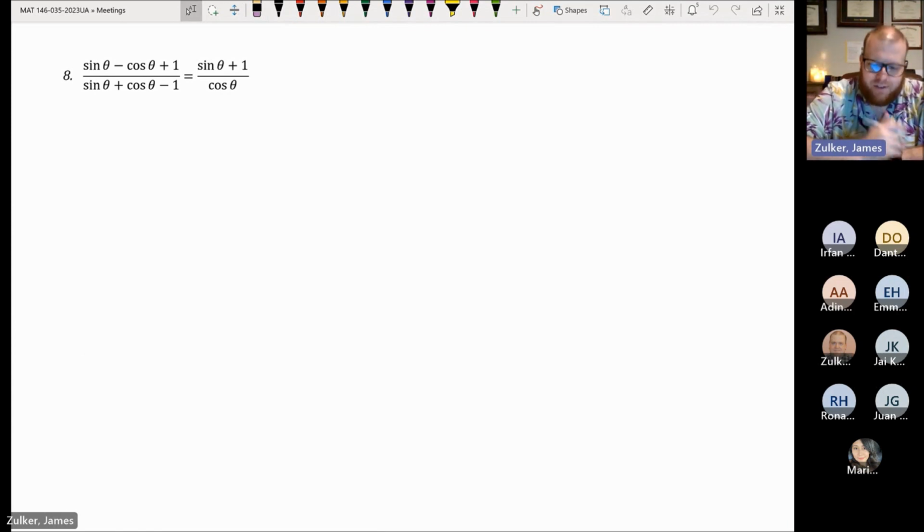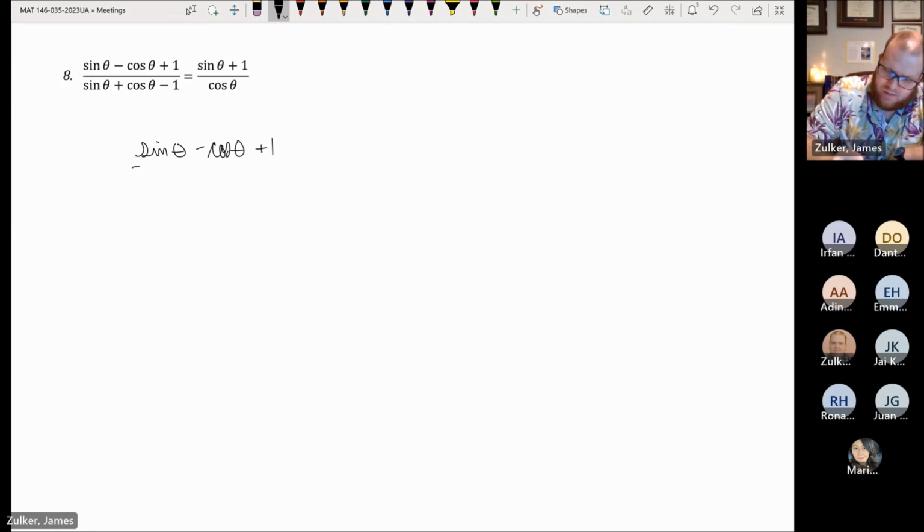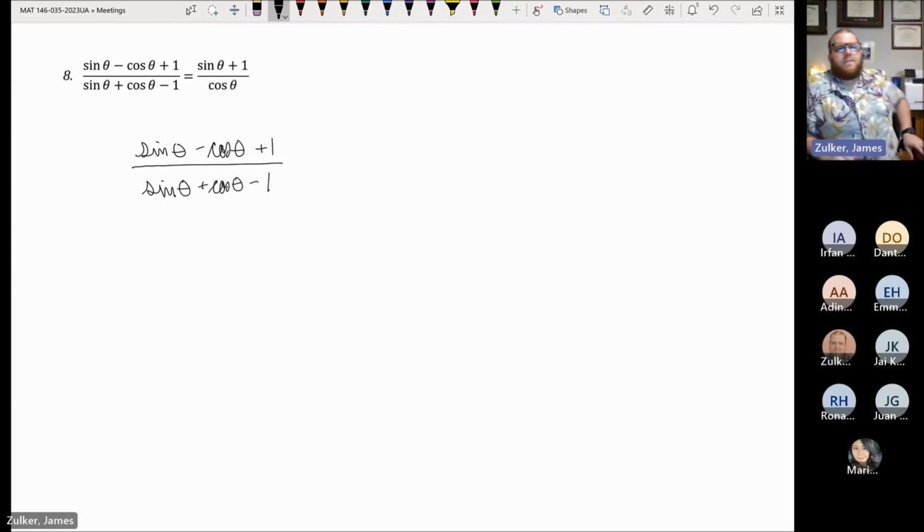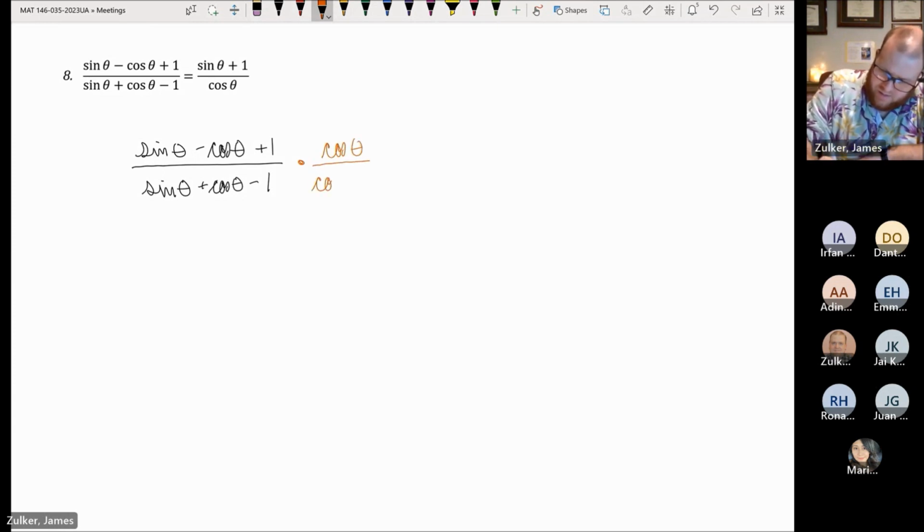Let's start on the left. Let's multiply by cosine over cosine, and let's see what that gets us.